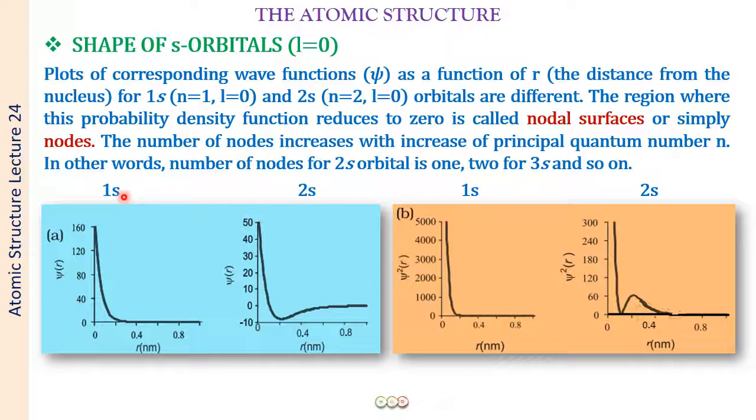Right? So this is what you see from the graph, and it is very important for you to remember that the number of nodes increases with the increase in principal quantum number. So let us see now further some important points about the shape of these orbitals.